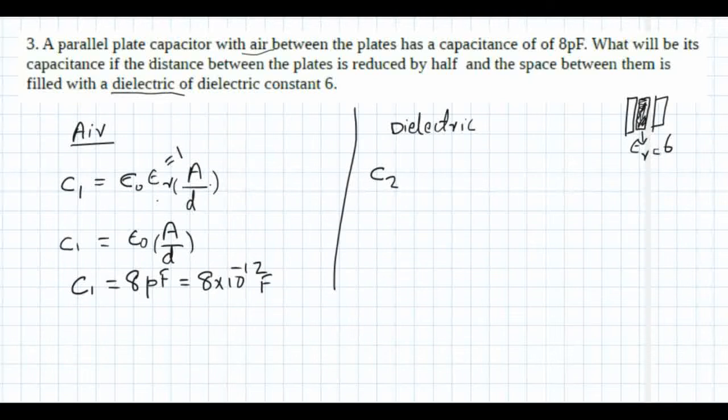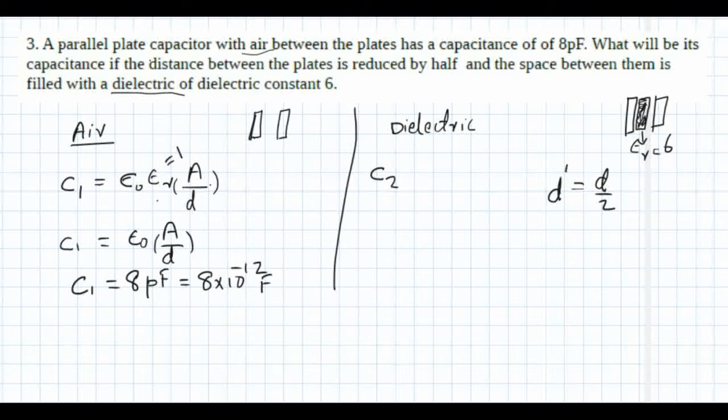While doing this, there is one more step taken: the distance between the plates is reduced. That means the new d, d dash, is equal to d by 2. So previously the same capacitor with air is placed here. This is the first case.